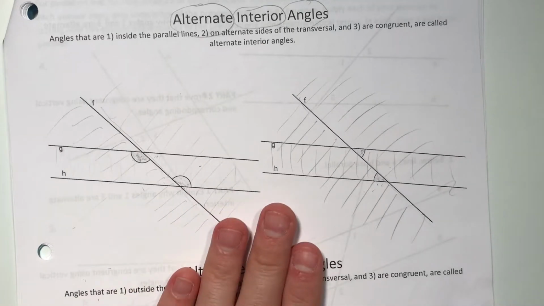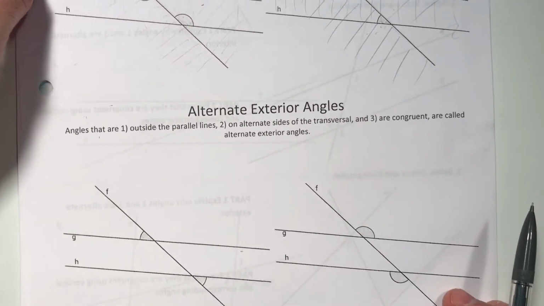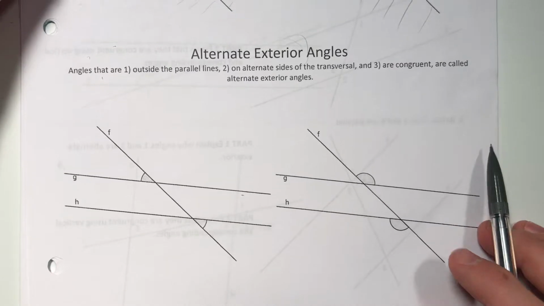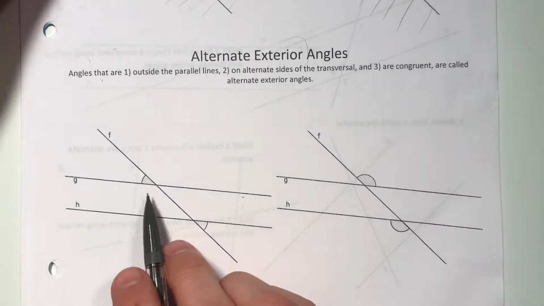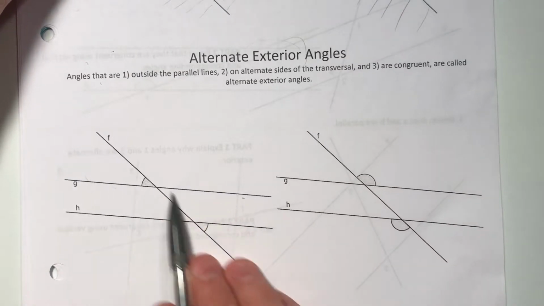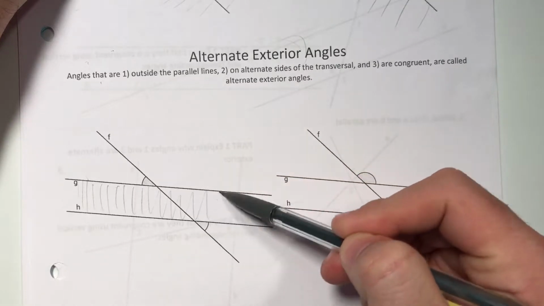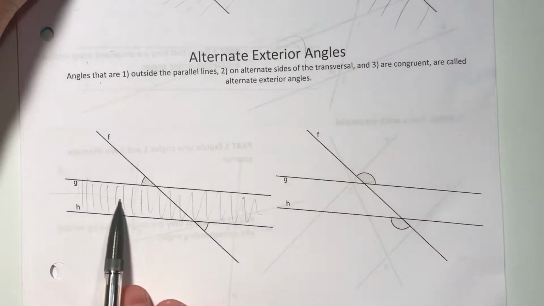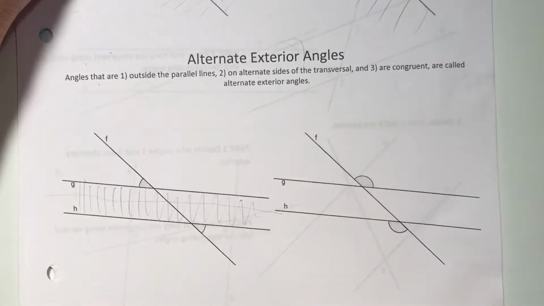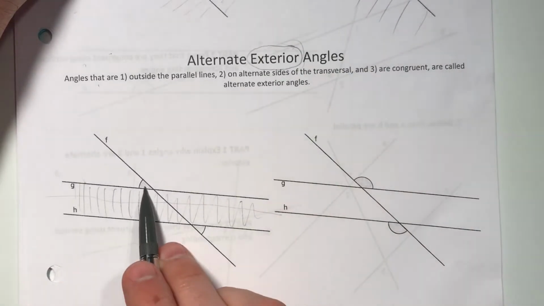So if you understand that, then let's move to alternate exterior. It's the same idea. The only difference is the word exterior. So let's take a look here. We've got parallel lines cut by a transversal. Now look at the pipe now. If this is the pipe of water running through it, look at these angles. They're on the outside of the pipe. Exterior, they're on the outside.